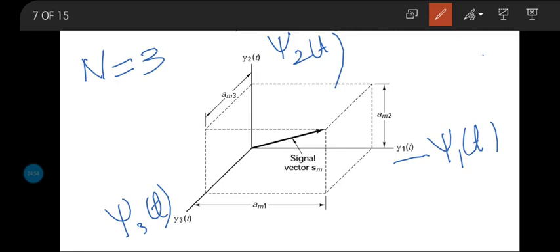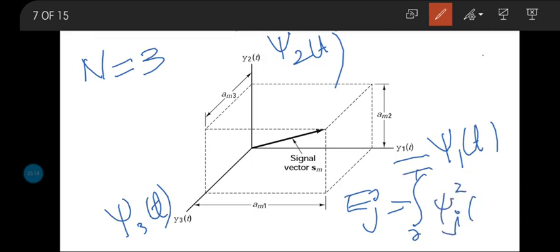And the normalized energy in joules dissipated in the load in T seconds due to this psi j value is calculated. So, how do we get that normalized energy value? It is taken as E of j equal to the integration from 0 to T of psi j squared of t dt, which is nothing but Kj.